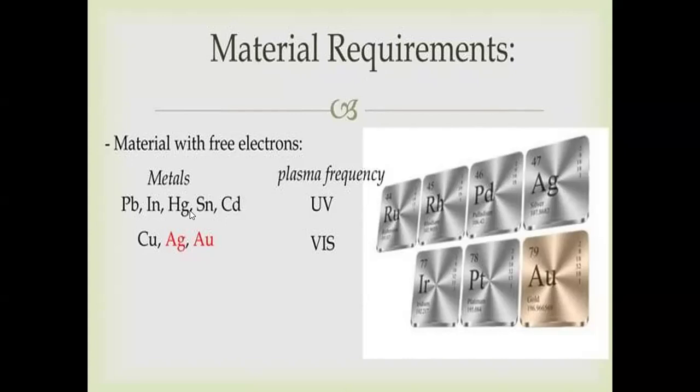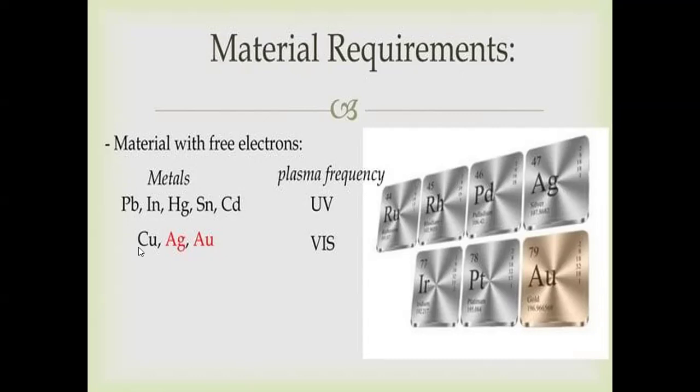If you use lead, mercury, cadmium and these, the measurement is in the form of UV radiation. The reflected light will be in the UV range, so you will require a UV detector to detect the reflected light.